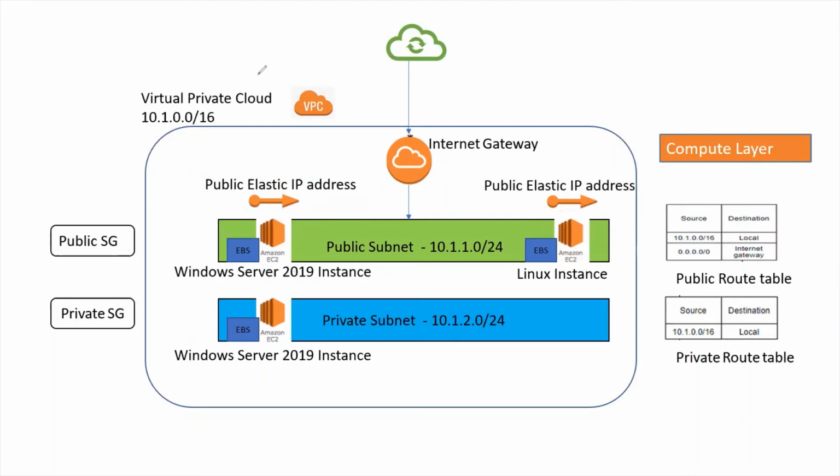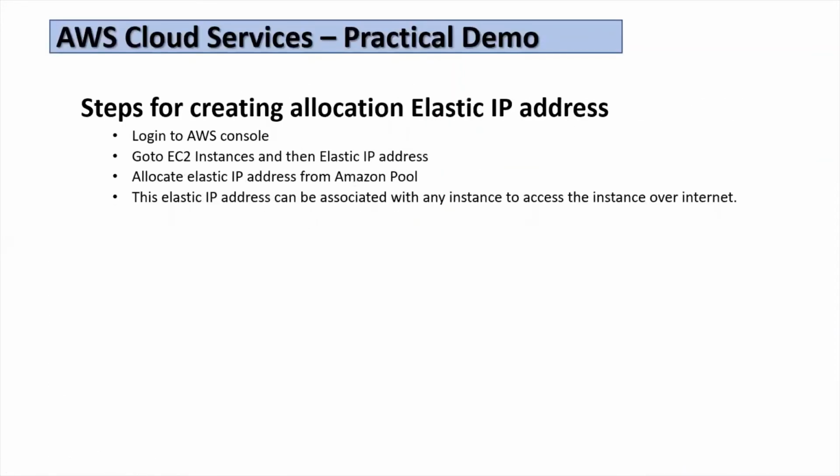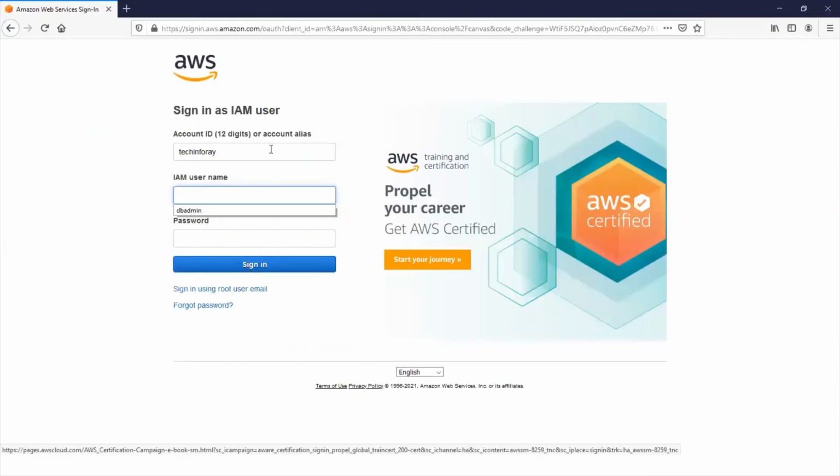That was all for the theory, so let's log into the AWS console and get back to our first practical, the allocation of an elastic IP address. This is our TechInfoRay login console.